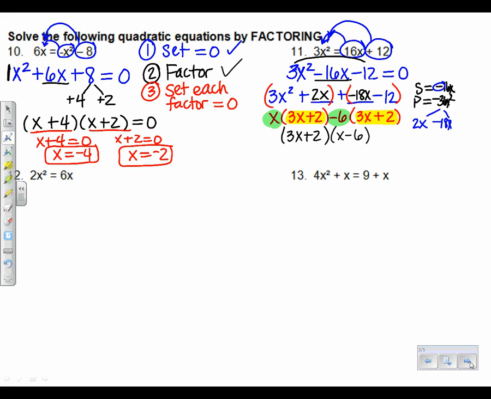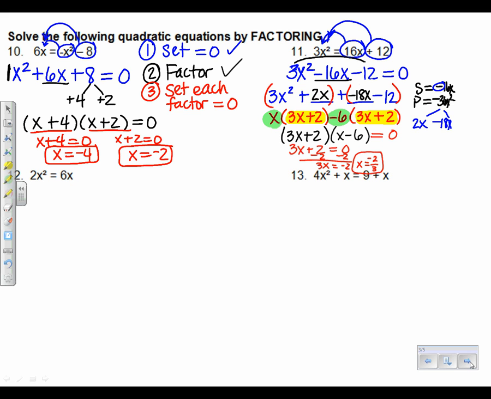And the last step is to set each factor equal to 0. So 3x plus 2 equals 0. I solve for x, I subtract 2, and I divide by 3. I'm running out of room here. 3x equals negative 2. That means x equals negative 2/3. There's one answer.